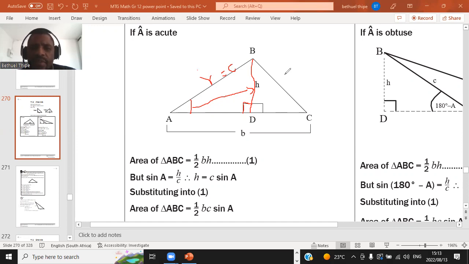If this is capital A, this is small a. Then we solve for H. We make H the subject of the formula, and then we get H equals c times sin A. So we cross multiply. Having done that, we substitute this H back into this formula, and that is why here we have c sin A.